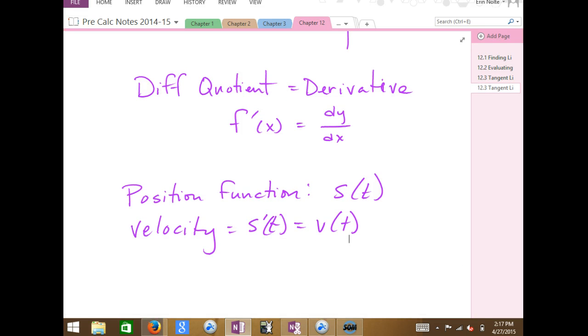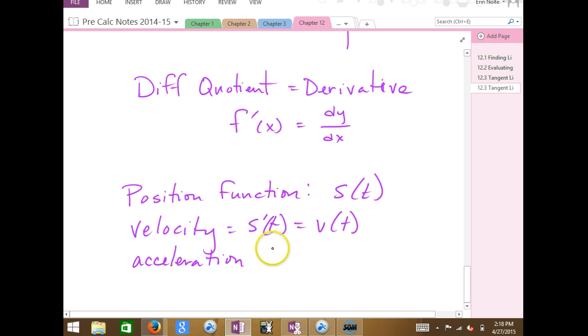And if you take the derivative of the velocity function, anybody know? Where are my physics people? You did something similar to this. You found velocities and position functions. Did you do acceleration?